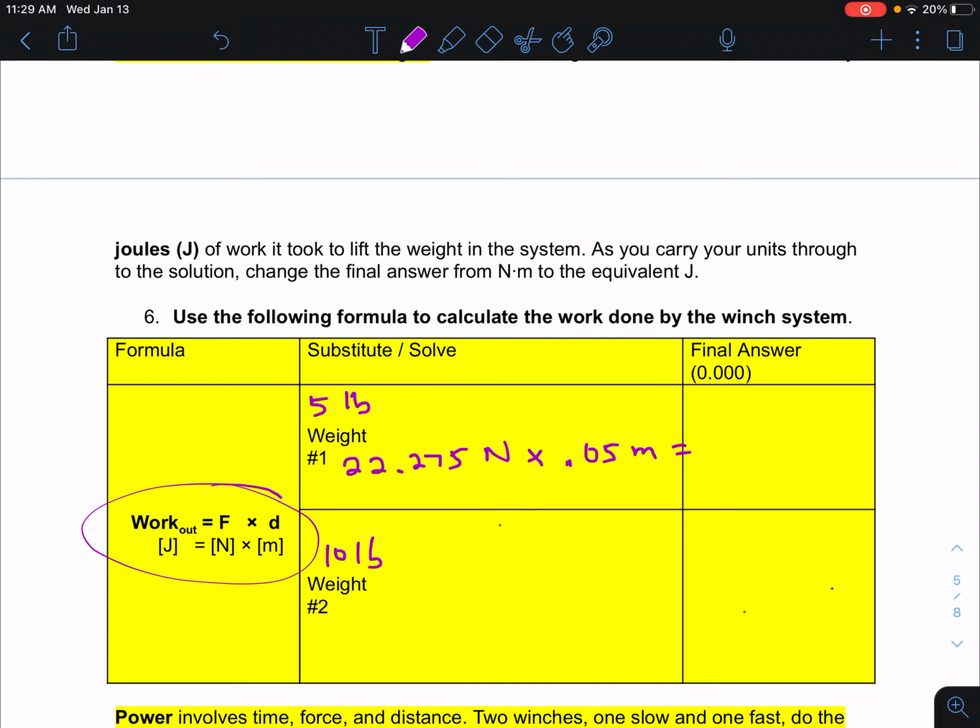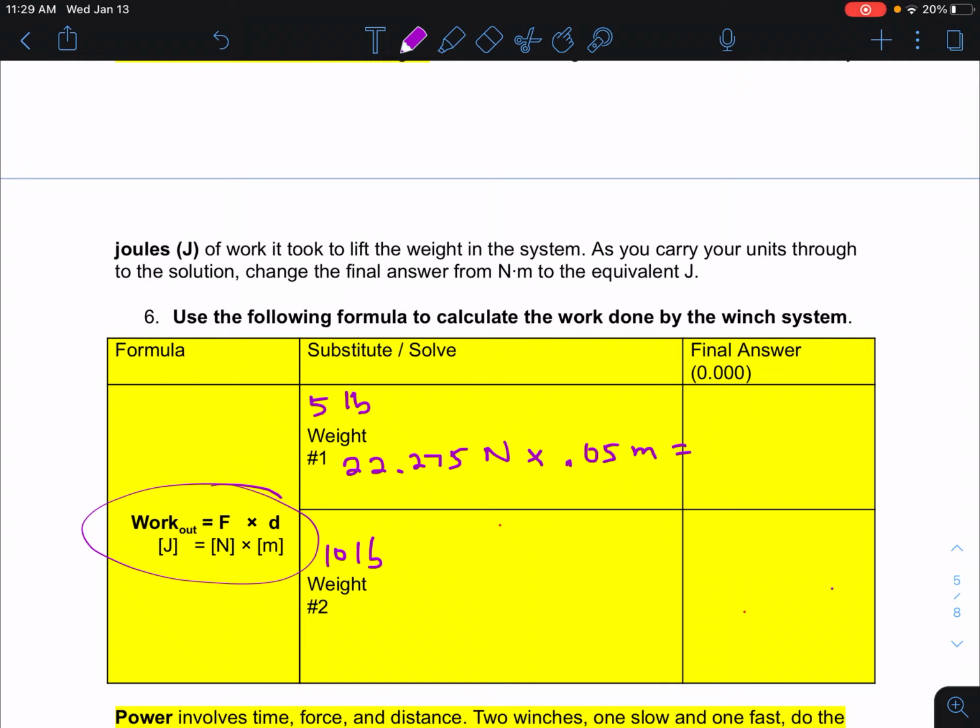The amount of work we just calculated right here, 1.114 joules. And the time, we get the time again right off of this chart right here, on the second column there, is 5.8 seconds. So our time is 5.8 seconds.